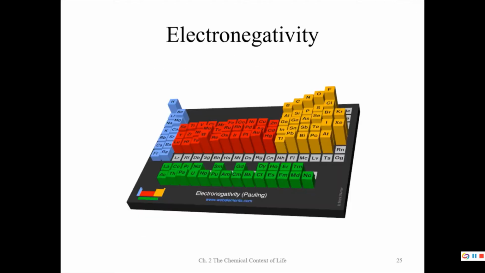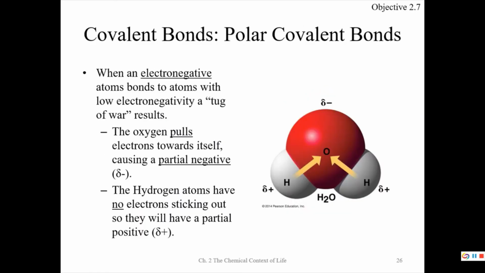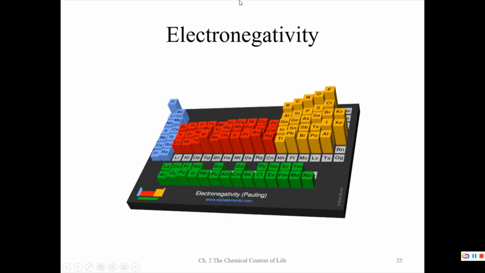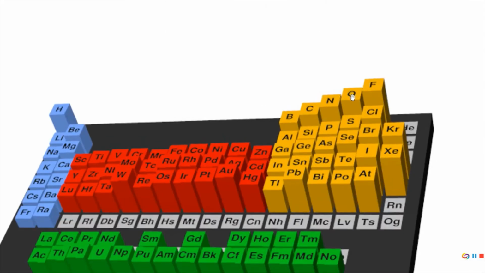All right, now let's talk polar covalent bonds. Now, polar covalent bonds, you have an electronegative atom. Look at oxygen. Notice that oxygen is quite electronegative in comparison to hydrogen, who's not as electronegative.